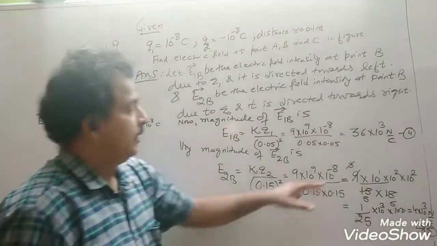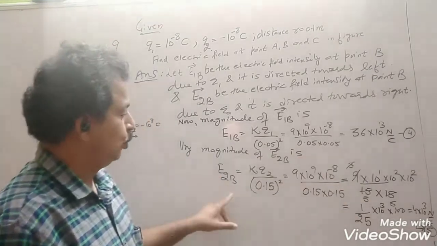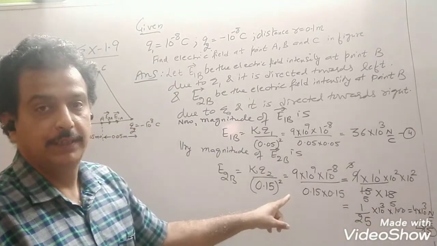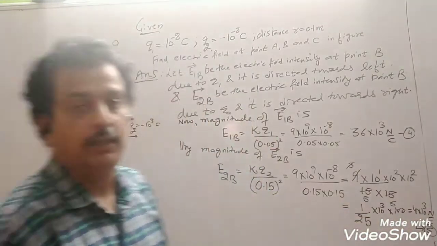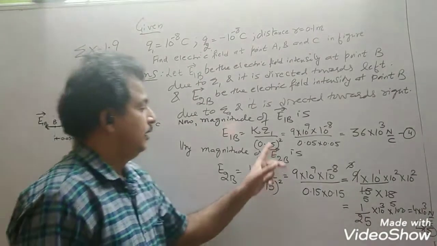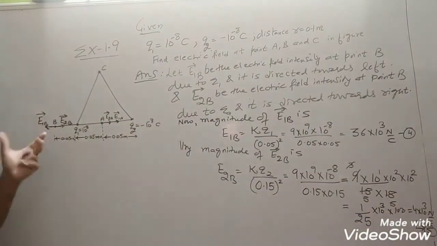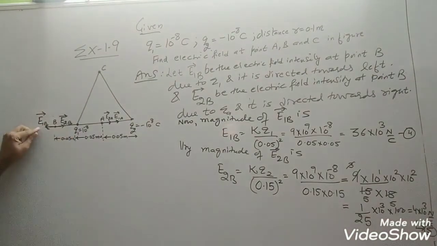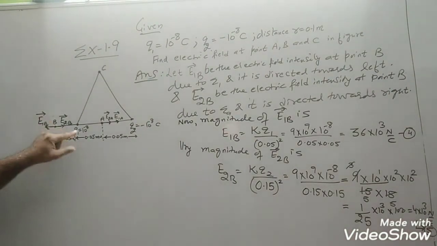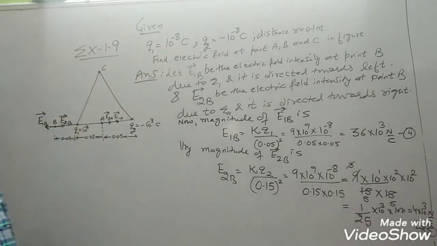So E1B comes out to be 36 into 10 raised to 3, and E2B comes out to be 4 into 10 raised to 3. Now clearly E1B is greater, and by the diagram also it is clear that E1B should be greater because it is near to the source which is positive. So repulsion is more as compared to attraction.